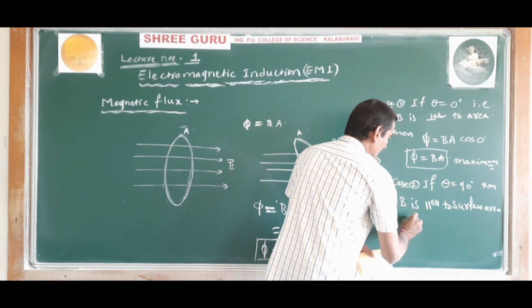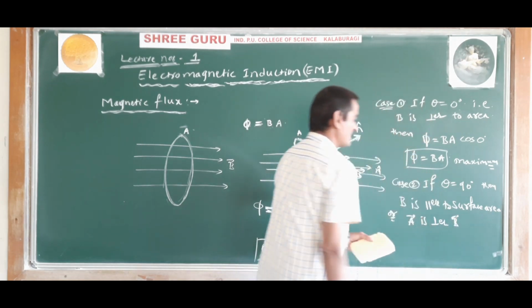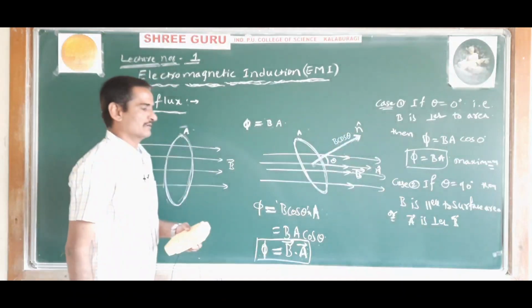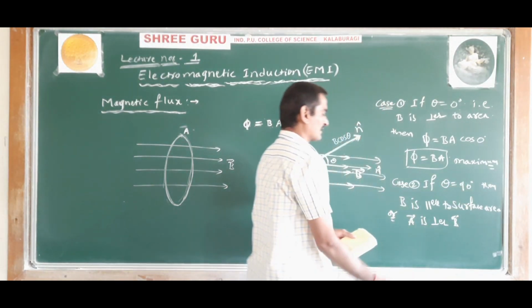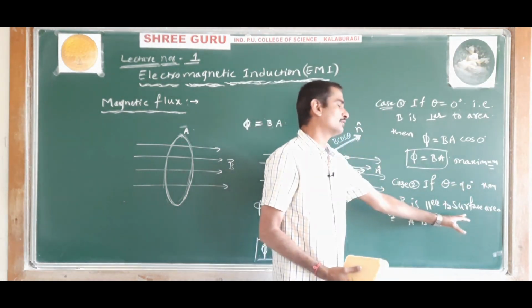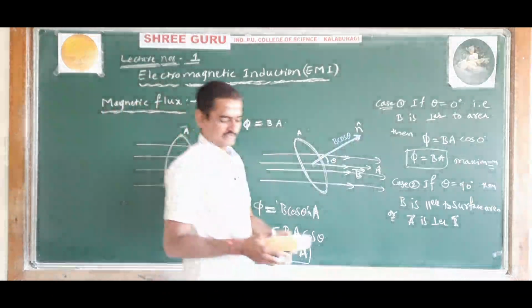Or area vector is perpendicular to magnetic field, then theta will be equal to 90 degree. Or if theta is equal to 90 degree, then magnetic field is parallel to surface area. Surface area is different, area vector is different.